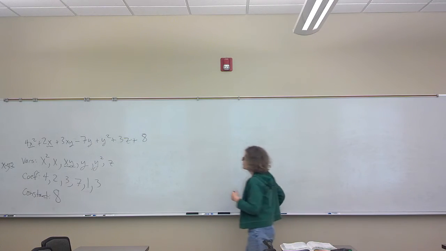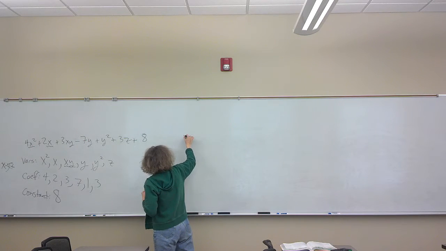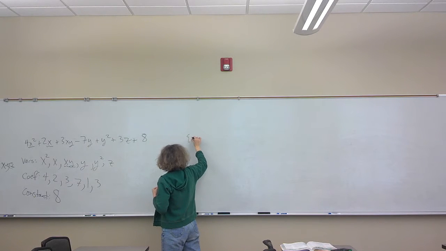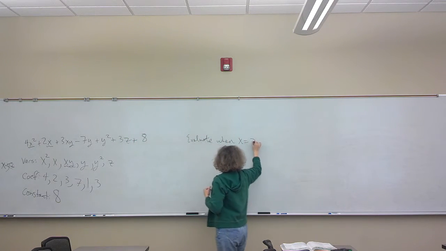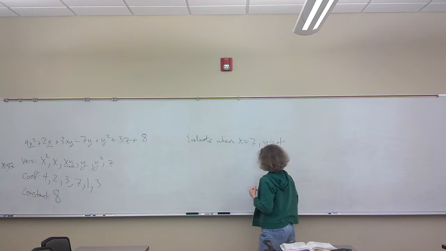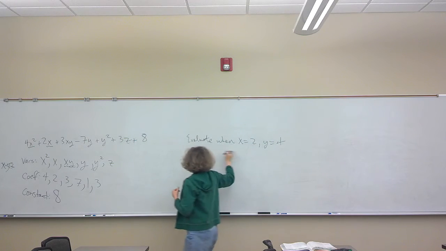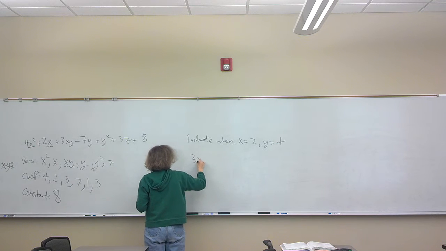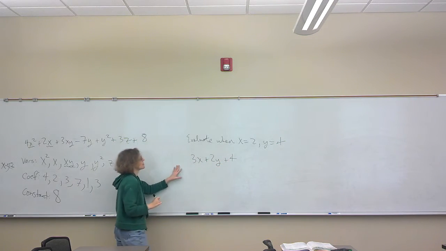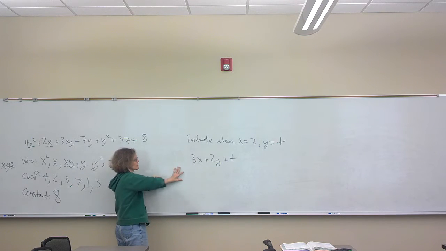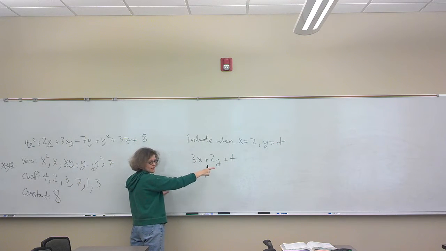The next step is substituting in values, when you know some of the variable amounts. So if we have this expression and they tell us that the x is 2 and the y is 4, we just plug those numbers in where those letters occur.